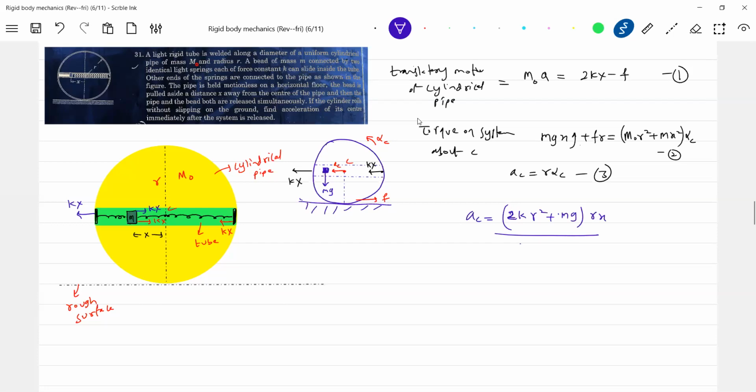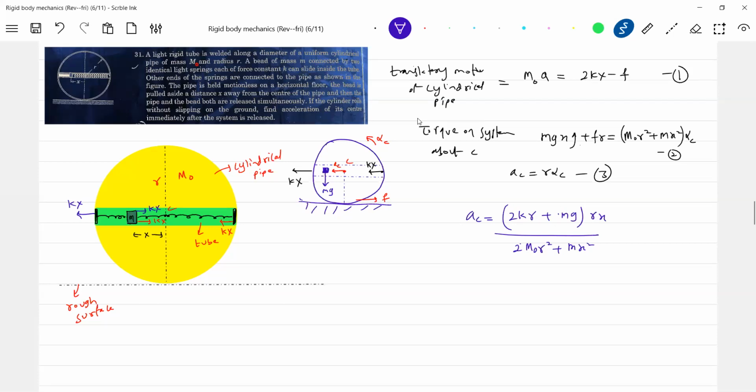It will be 2KR, sir. Square plus M. So in the numerator, it should be 2KR, sir. 2KR. Check once the answer.